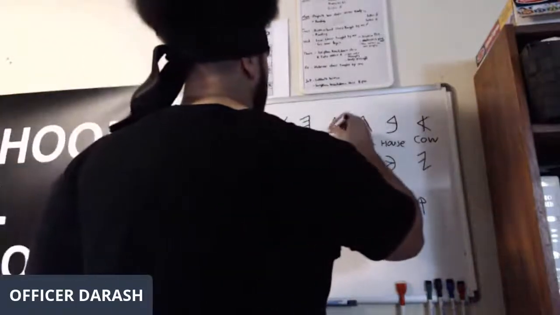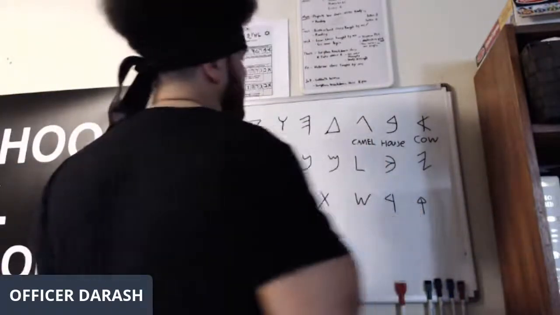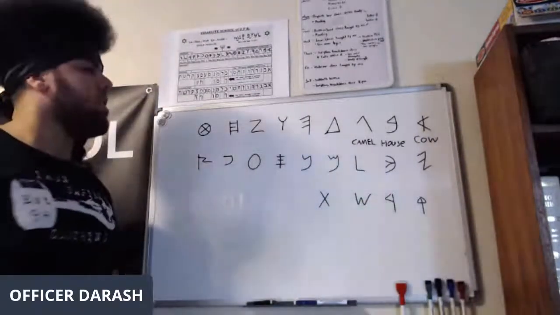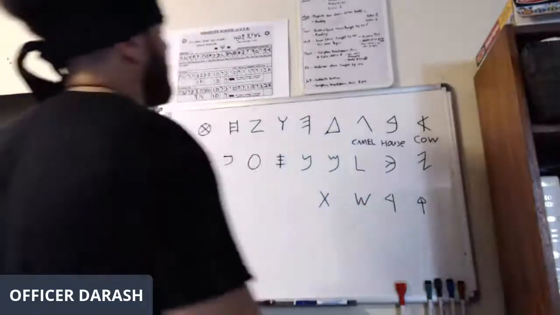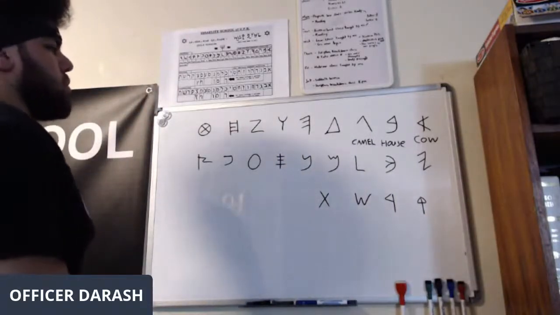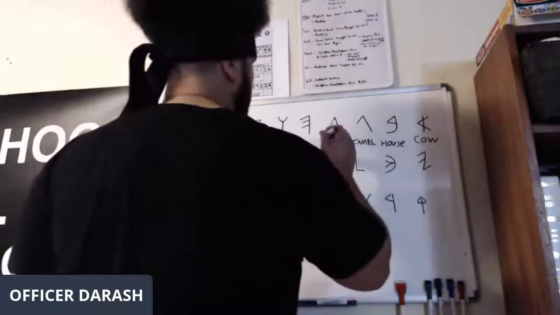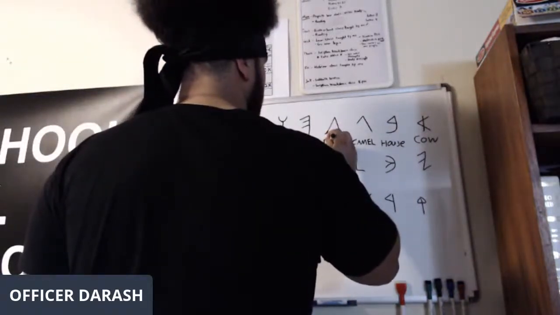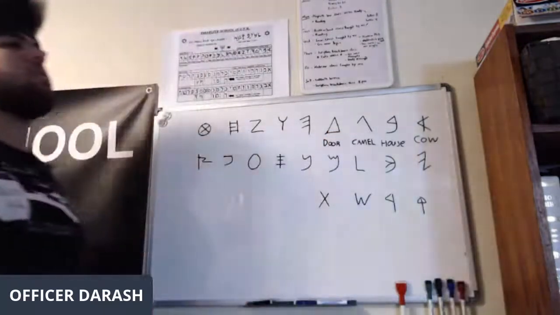Next, the dalat. The dalat means door. All right. Like Yahushua said, I am the door. You know what I'm saying? I am the way to the truth. All right. Dalat means door.